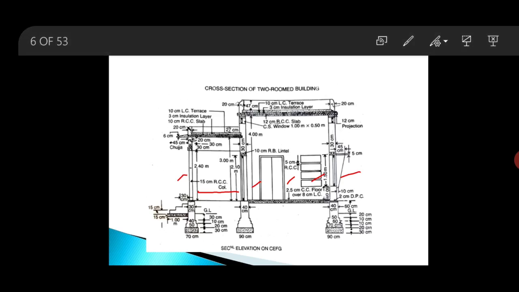So this is the cross sectional detail of 30 centimeter wall. Okay, and this one is the cross sectional detail of 20 centimeter wall.